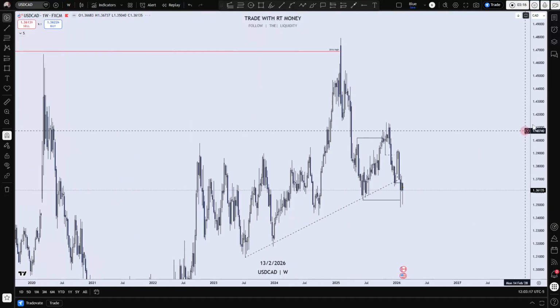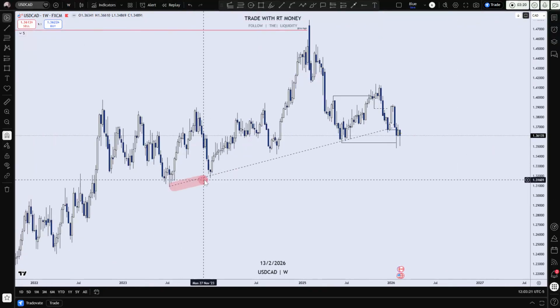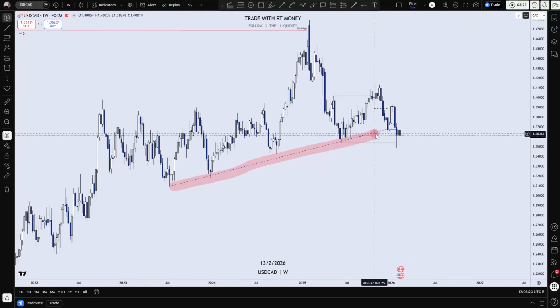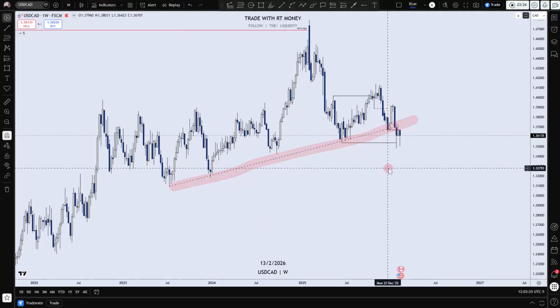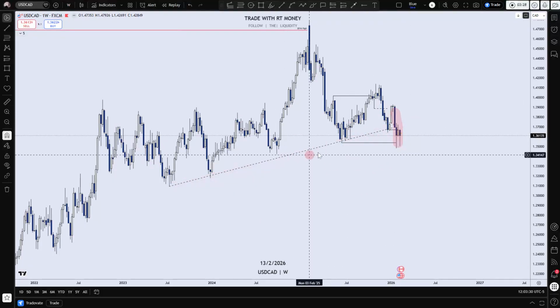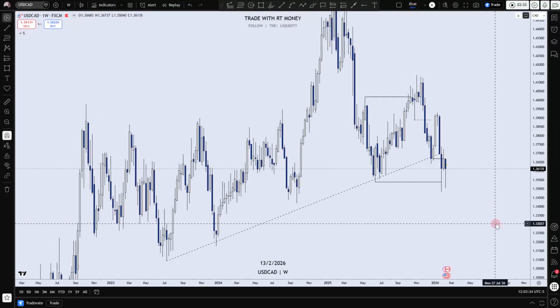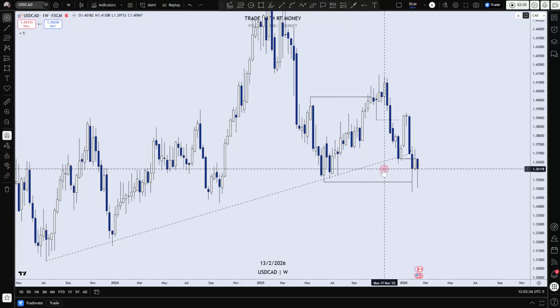The other thing is we've been making higher highs, higher highs, and we finally broke through a couple of weeks ago from this trend, if you will. I don't trade trend lines, so don't get crazy. I'm just marking structure.